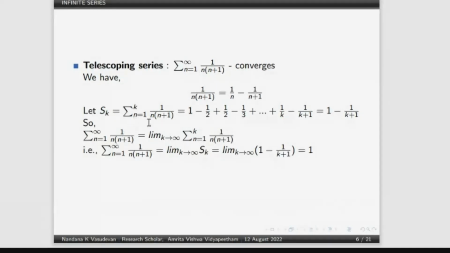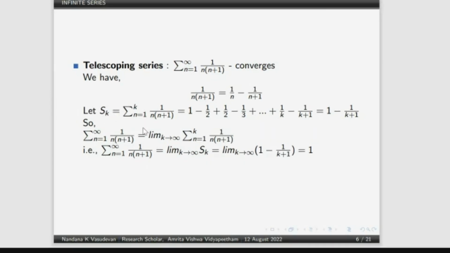And I'm applying the values from 1 to k. So for n equal to 1, it becomes 1 minus 1 by 2. Then I'm putting 2. It becomes 1 by 2 minus 1 by 3, and so on. So what happens is consecutive terms keep on cancelling, and what is left is 1 minus 1 by k plus 1, right? This is for Sk.